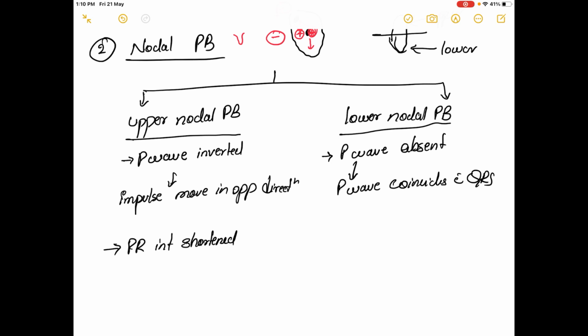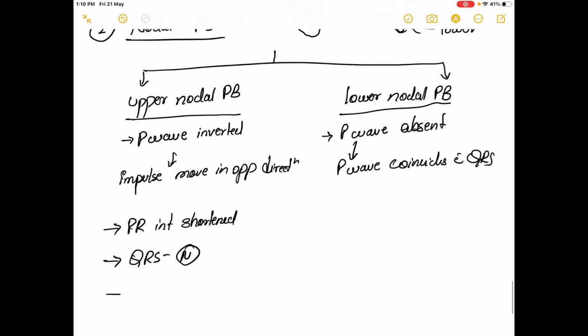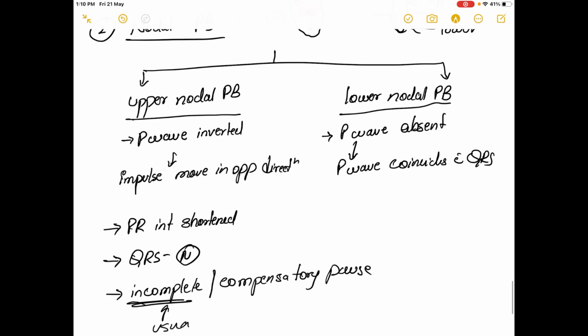And this electrical activity always moves towards the ventricle, forming a normal QRS complex. So the QRS complex is normal, and this can be an incomplete or complete compensatory pause. Usually it is incomplete, but it can also be complete.